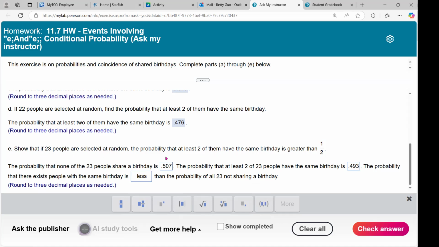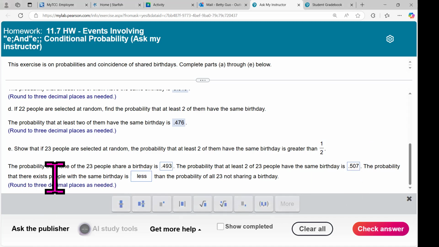So we got, none of them have the same birthday is, oh, I messed up. None of them have the same birthday is 0.493. And this one, at least two having the same birthday, is 0.507. Double check. Yeah.